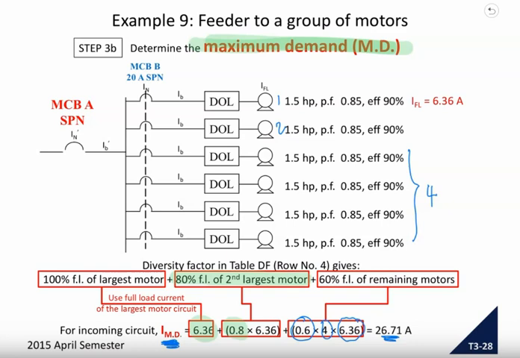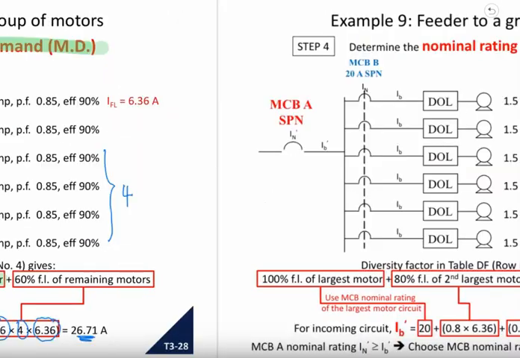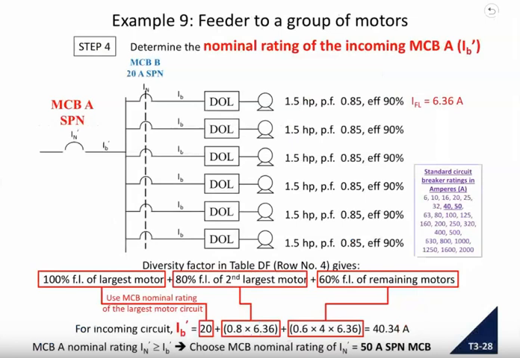Okay. For circuits with motor, we know that we can't use the maximum demand to size the breaker. So we have to move on to the next part where we do calculations for the design current IB prime here. All we need to do is, instead of using 6.36 here, we take away and then we replace by 20. And where do we get 20? 20 is actually the circuit breaker size.